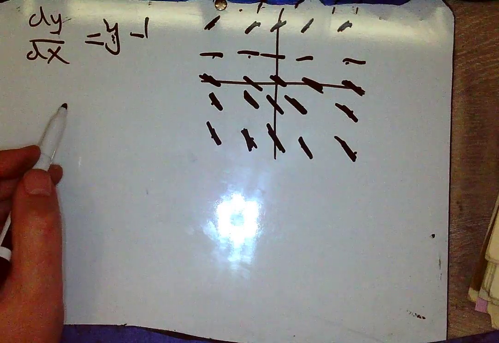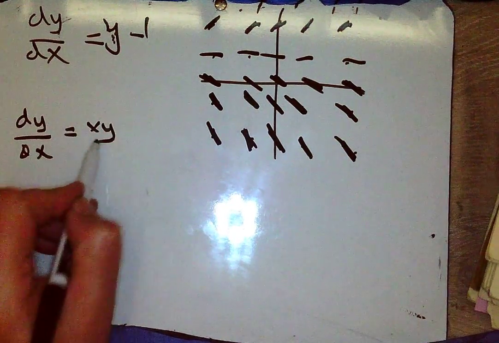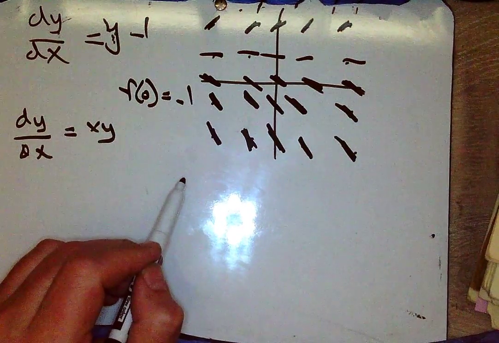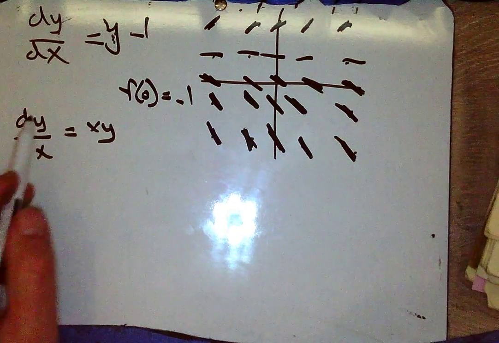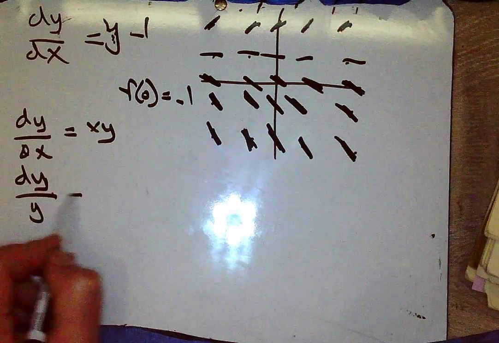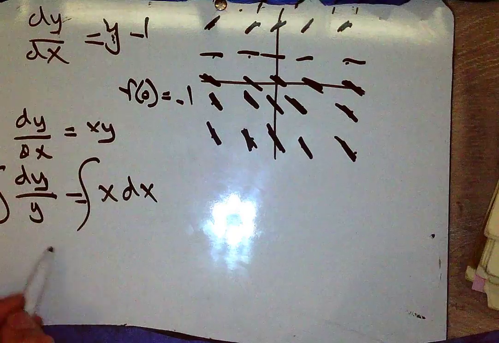Solve the initial value problem, dy dx equals xy, given that f of 0 equals 1, and then draw the solution on the slope field. All right, well, let's start by separation of variables. dy over y equals x dx. I integrate both sides.